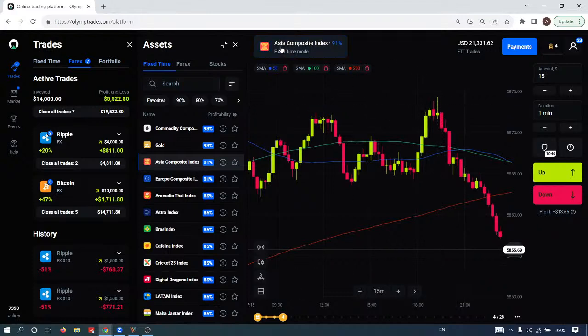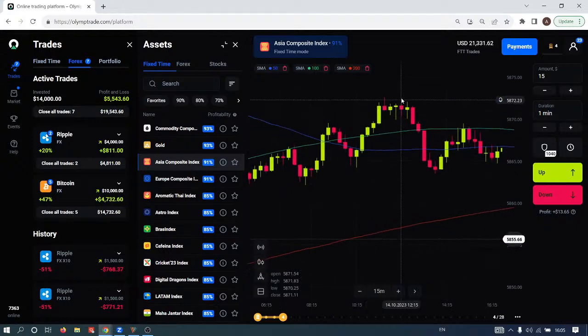Like this one, Asia Composite Index. See, it's kind of like this false breakout. The price here tried to break above this level, and then it couldn't. That was the last attempt by the buyers to really push this price up.